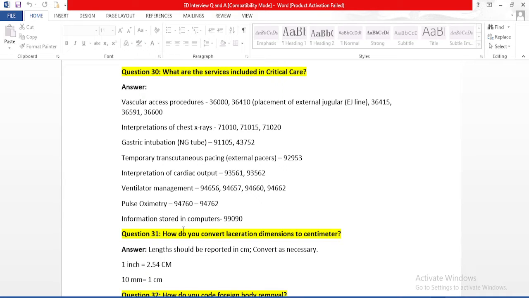So in order to code 99281 to 99285, these procedures are not needed. For critical care coding, these services are included. If the physician performs any of these procedures, we can consider it a critical care service and we need to code 99291 to 99292.